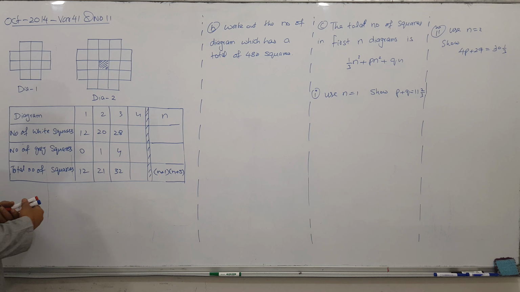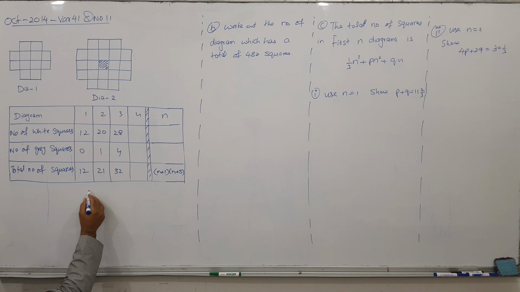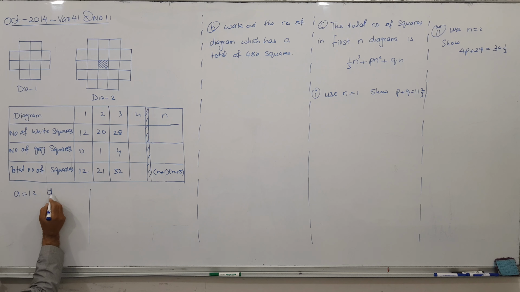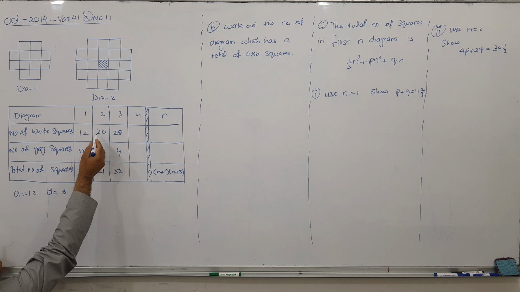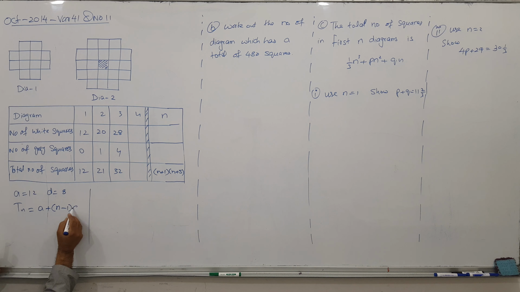So first of all, we have to fill in these nth term values. Let's go for the first one. What pattern do we have here? A is 12 and the common difference, I think, is 8. How come? 12 plus 8 is 20, 20 plus 8 is 28. So the formula, you know, is A plus N minus 1 times D. This 12 comes here and D is 8.